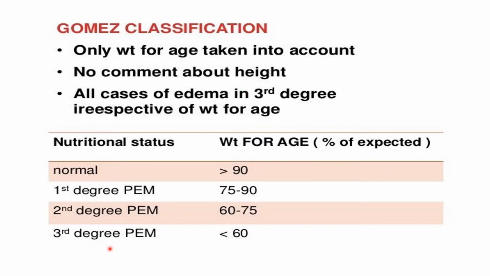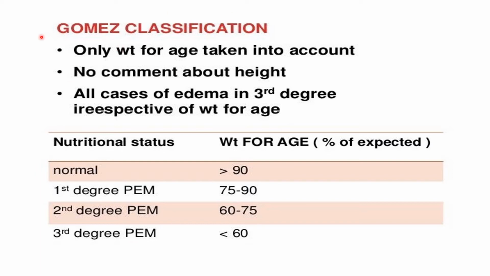If the weight for age is less than 60 percent, they are considered third degree protein energy malnutrition. All the children in this third degree have edema, irrespective of their weight for age, like that it says.